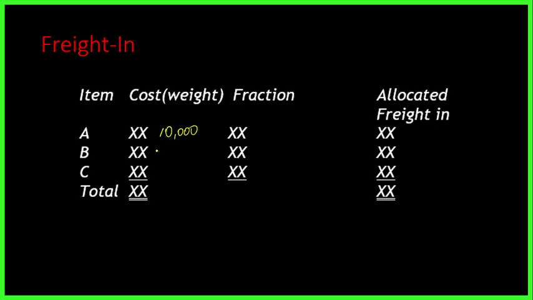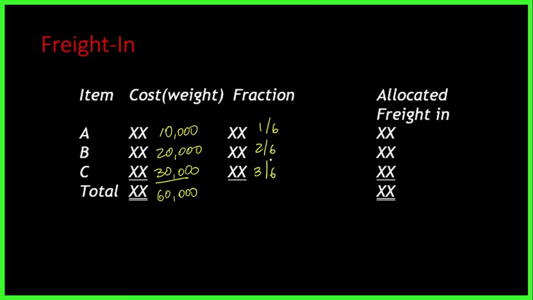Ganun na lang para madali yung mathematics natin. 10,000 and 30,000, for a total of 60,000. You now have a fraction of 1 over 6, 2 over 6. Saan nang galing yan? Dito, dapat 10,000 over 60,000, 20,000 over 60,000, and 30,000 over 60,000.